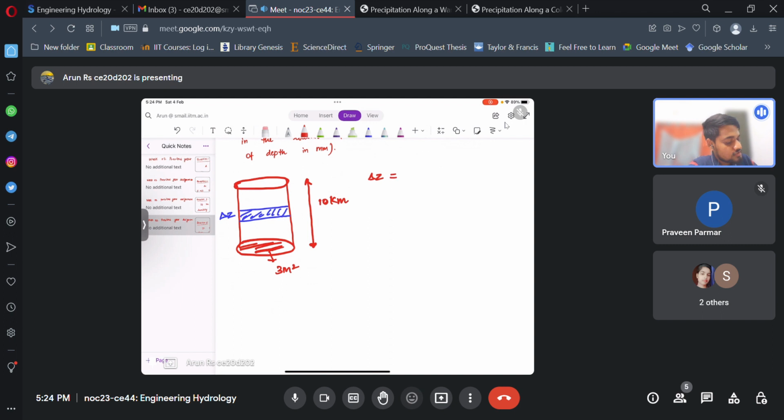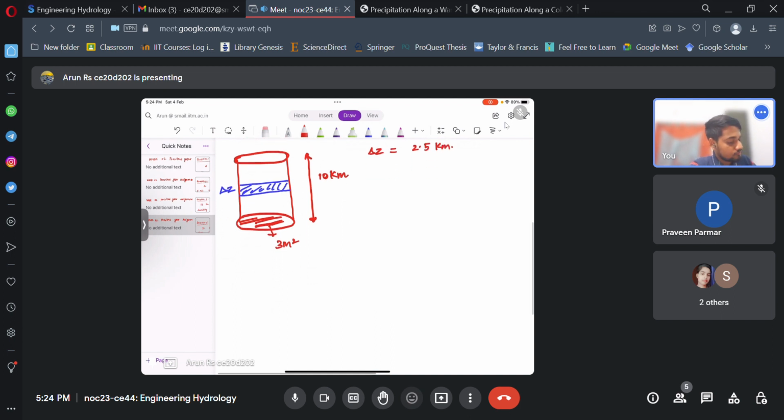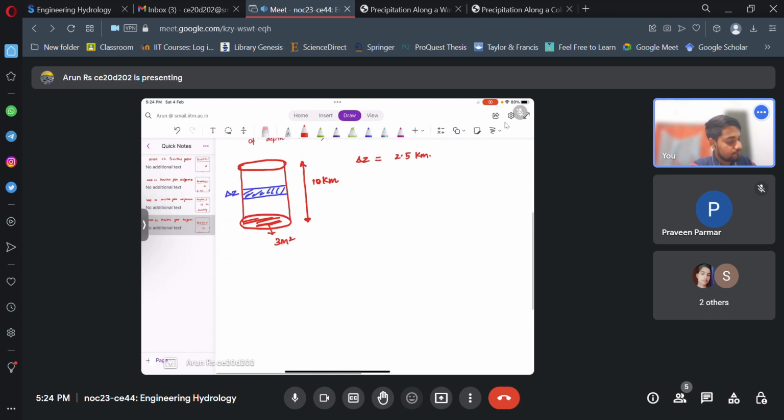This is a 10 kilometer column, and I am going to assume a strip of 2.5 kilometers. As we move from the ground level to the upper levels, your temperature decreases, your pressure decreases, your air density decreases, your vapor pressure decreases, and specific humidity also decreases.